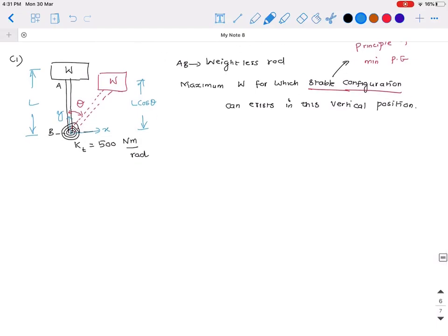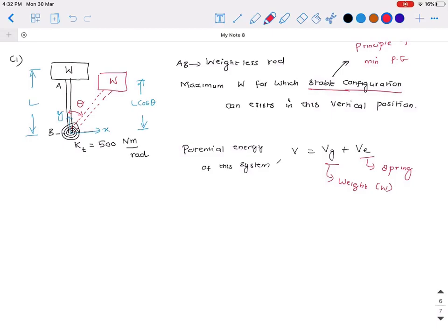Now let's write the potential energy of the system, V. There is a gravitational potential energy that is coming from the weight plus elastic potential energy from the spring.